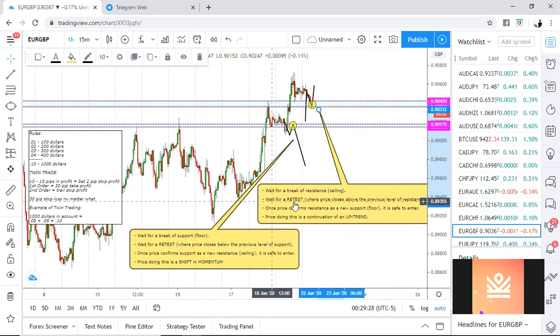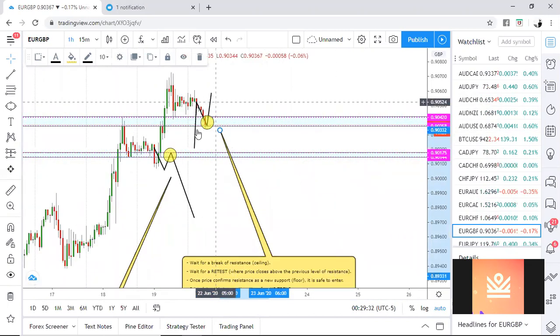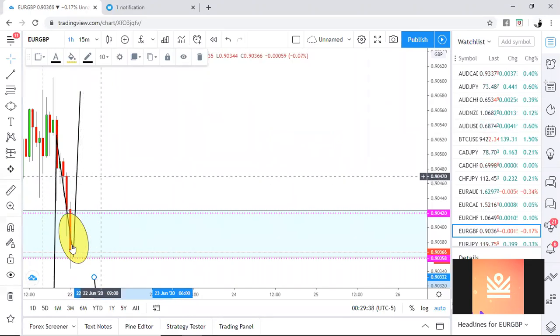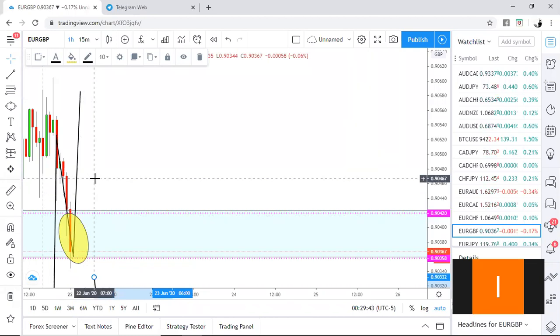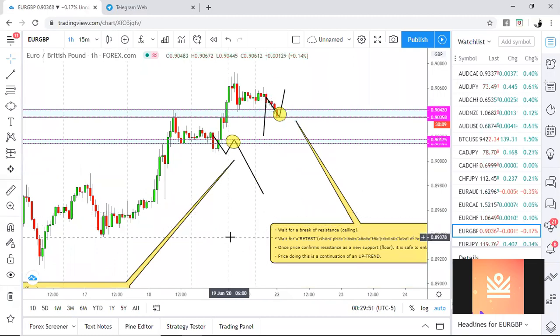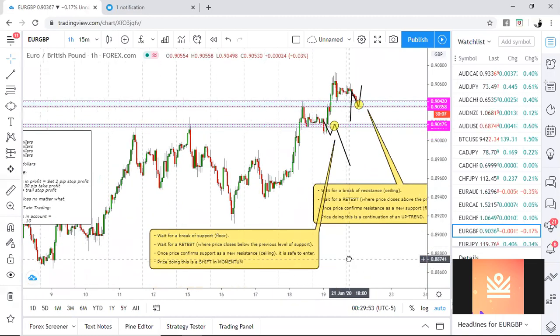Now we're simply waiting for a retest where price closes above the previous level. So we want to see price move up and then confirm that and close above. Once it closes above, or even once I see a green candle shoot up above this zone, I'm pressing buy. Me personally, obviously trade at your own risk. You could do whatever you want with your own money in your brokerage account, but that's ultimately what I would be looking for. So I will keep this one the same.